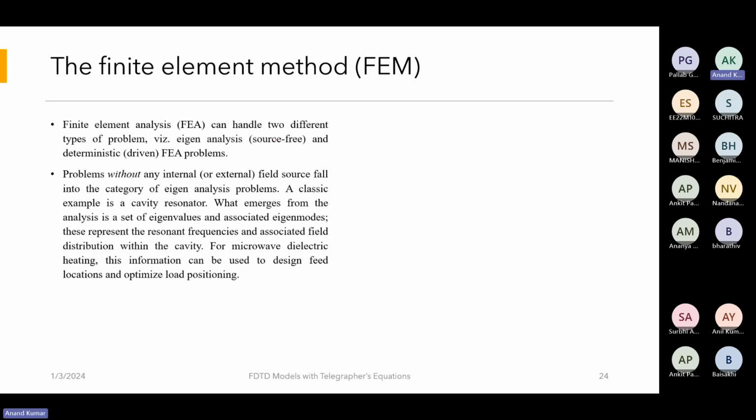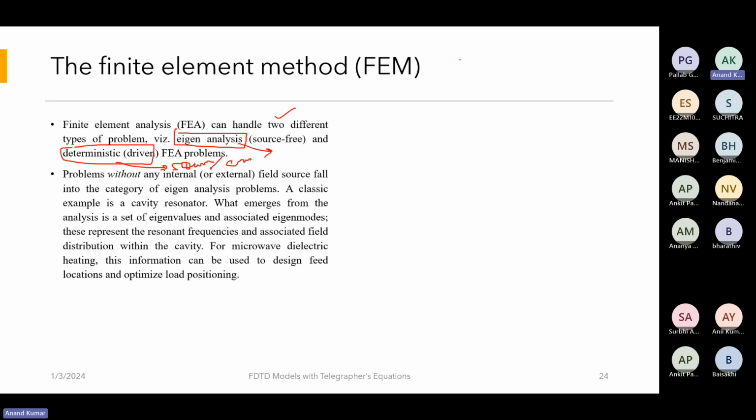Okay, so some more information on the finite element method. The finite element method generally has two types of problems. One is the eigen analysis, and the other is the deterministic or driven problems. The deterministic usually has sources or excitation, and eigen analysis is source free.